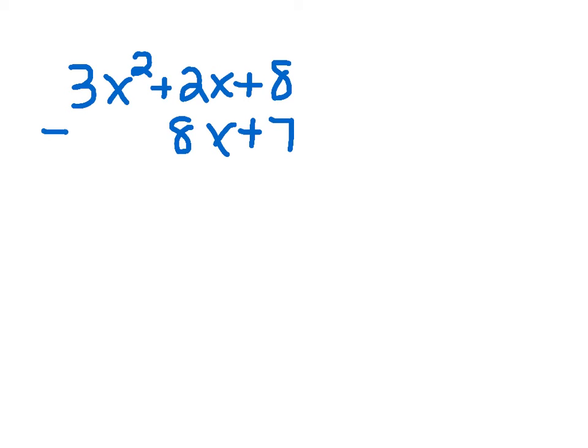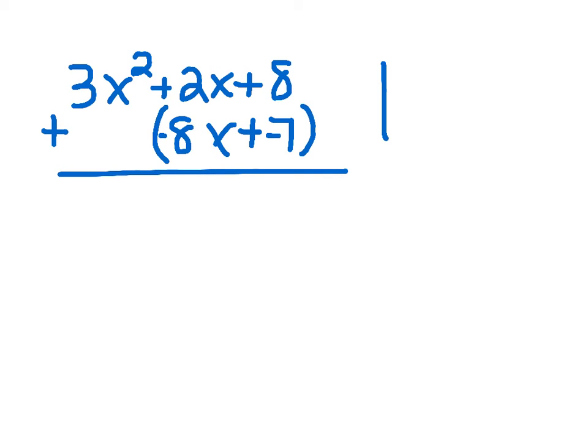I'm subtracting this entire quantity, so even if it's written vertically like this, I still have to remember that subtraction is the same as adding the opposite, and I have to take the opposite of each of these things. So I essentially am combining like terms here. Negative 6x, this is a positive 1, and 3x squared. So don't get fooled if you ever see this expressed in a vertical form.